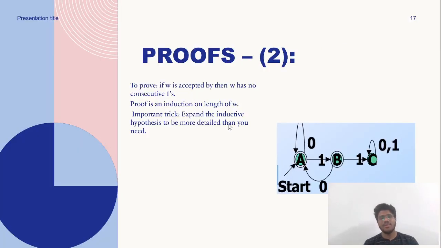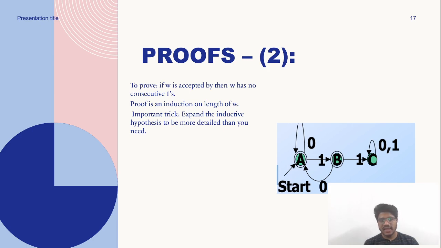Next one, we have a proof in two parts. We prove that if W is accepted by the DFA, then W has no consecutive ones. The proof is an induction on the length of W. This is an important trick: you can expand the inductive hypothesis to be more detailed than you need.